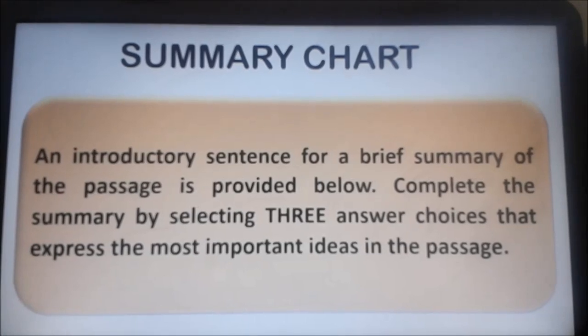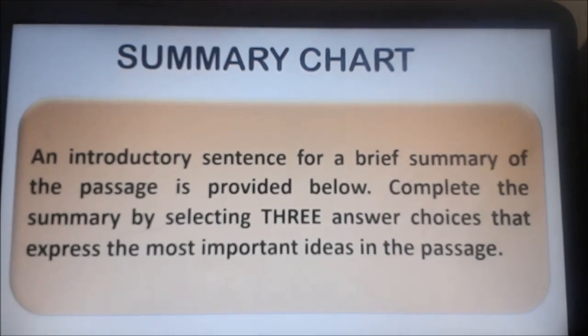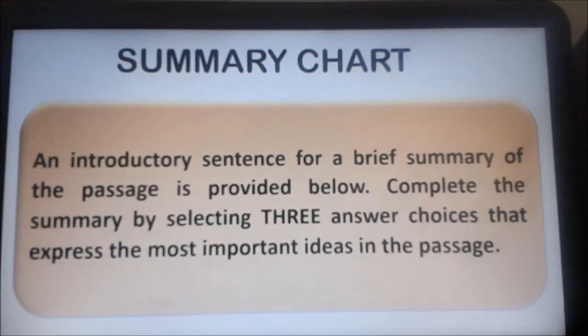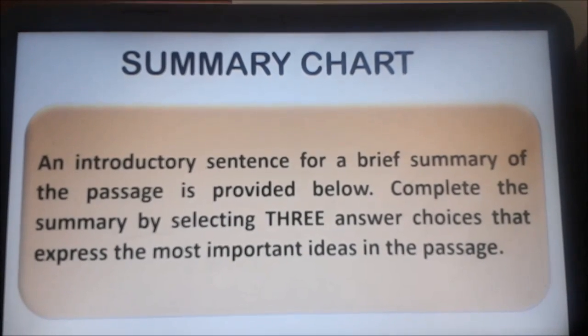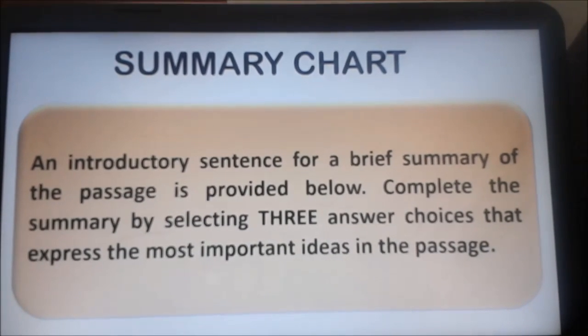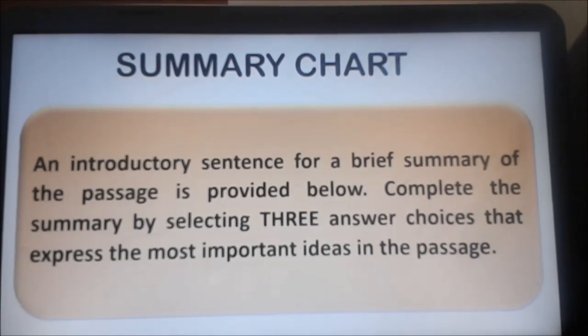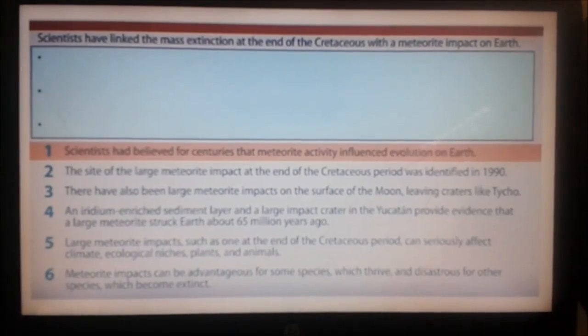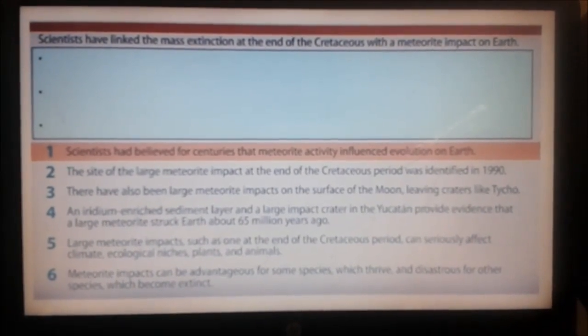In the summary chart, an introductory sentence for a brief summary of the passage is provided. You need to complete the summary by selecting 3 answer choices that express the most important ideas in the passage. Here you have one example of the summary chart.